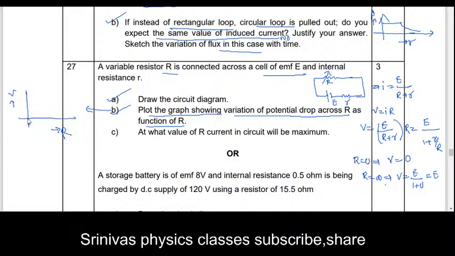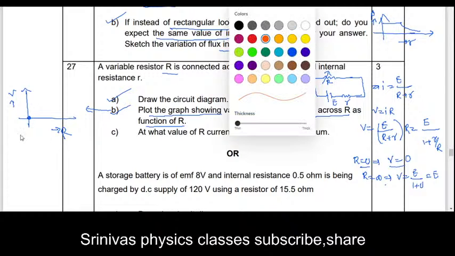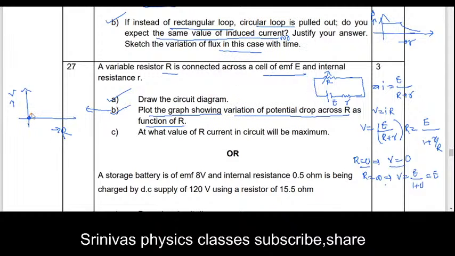When capital R is 0, V is 0, the origin. Now as capital R increases, V also increases, and at infinite you get V as E. You will get a graph like this. When R increases from 0 to infinite, V increases from 0 to E. Right?